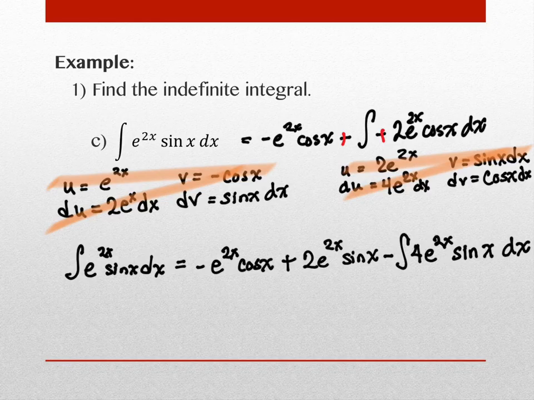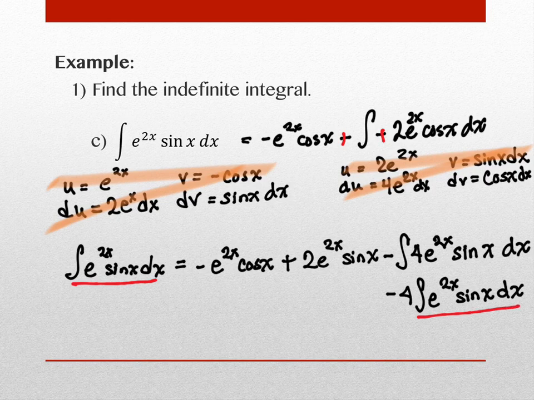If I rewrite this piece at the end with the 4 moved out in front, check out where I am. This and this match. I'm literally right back where I started. And while that looks like a bad thing, it's actually a really good thing.